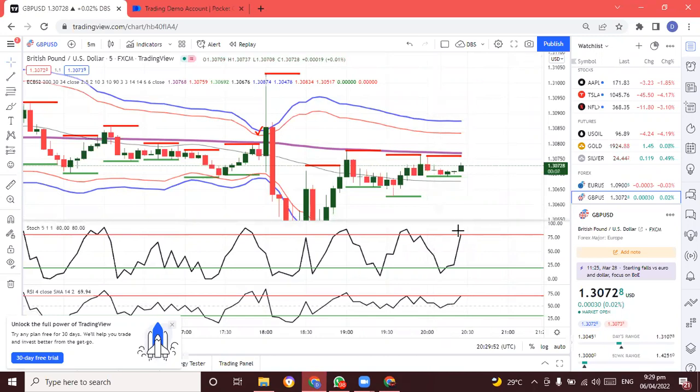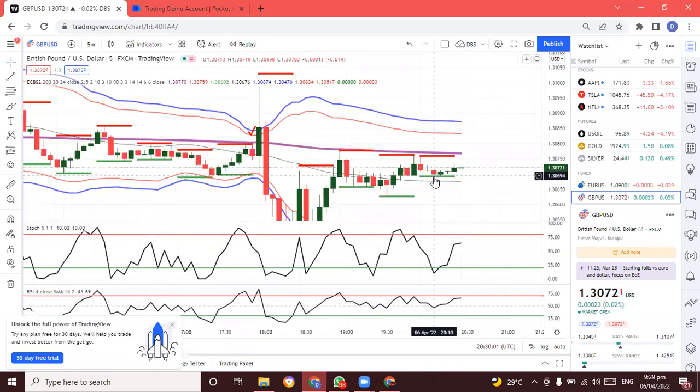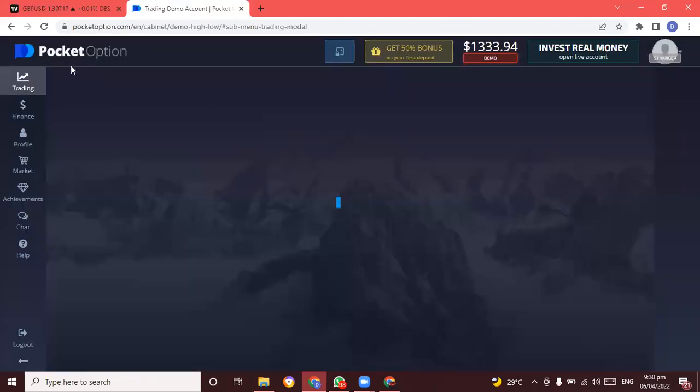If we look at this red candle that came to green, the stochastic is at the green, RSI, okay, it doesn't get to the green. Okay, we are not going to use this as an example. You can see this market is coming down now. Oh, what's this broker doing?